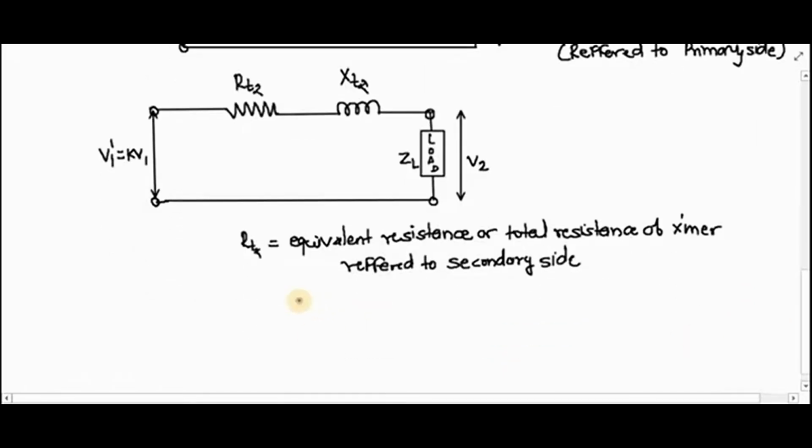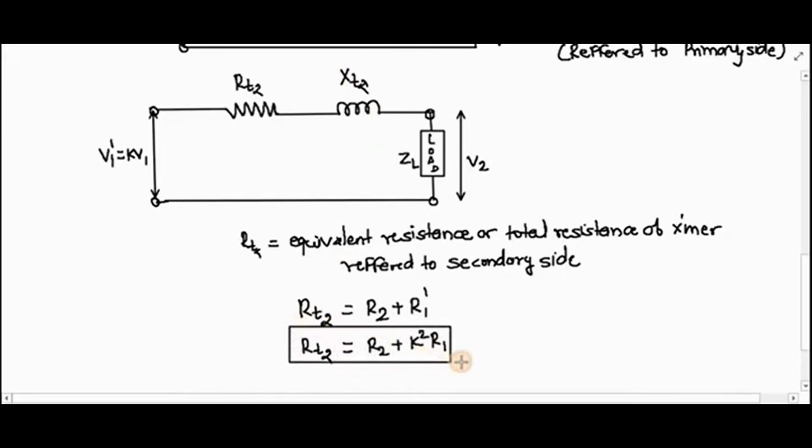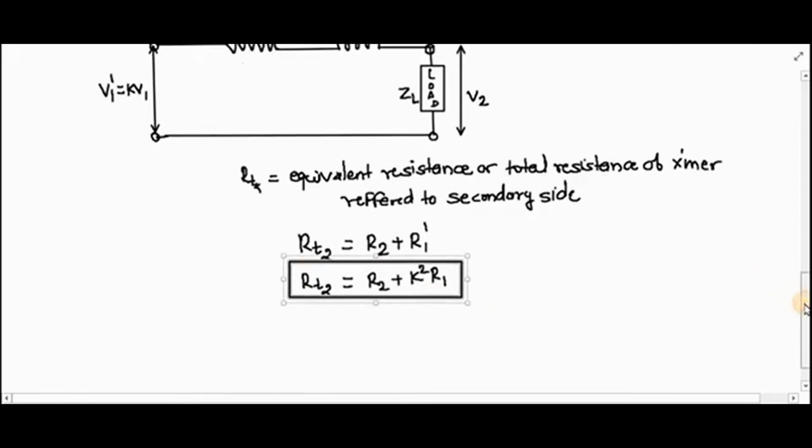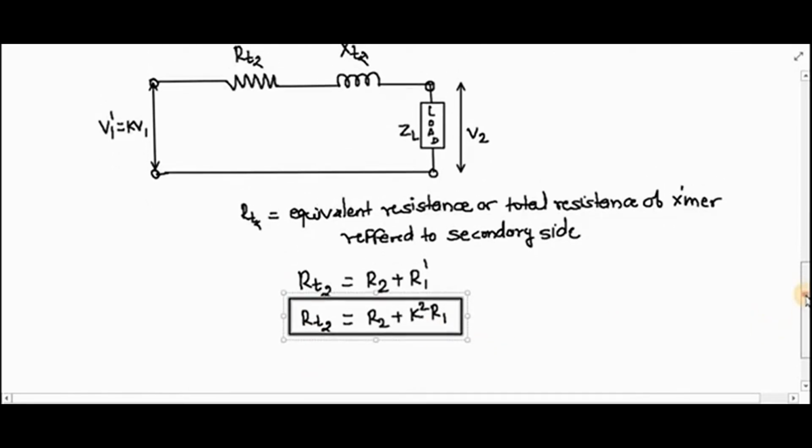So RT2 is nothing but R2 plus R1 dash, means resistance of secondary winding plus resistance of primary winding referred to the secondary side. If we proceed in the similar way, we will get this R1 dash as K square into R1. So your RT2 equals to R2 plus K square into R1, right? This is your I2 here.